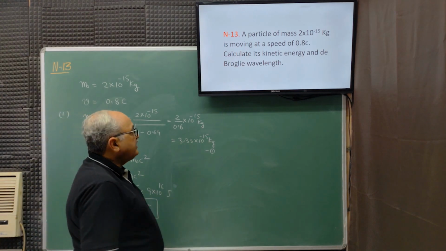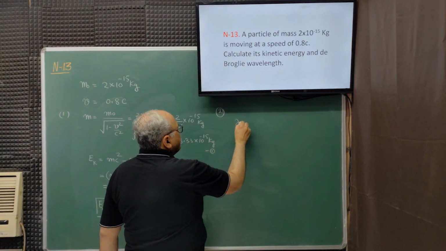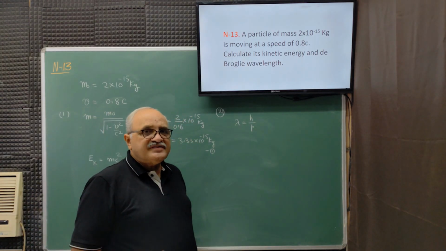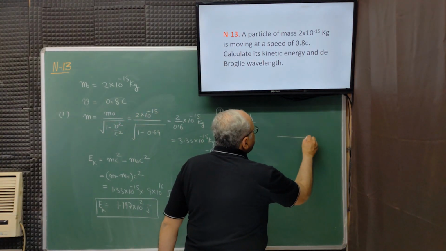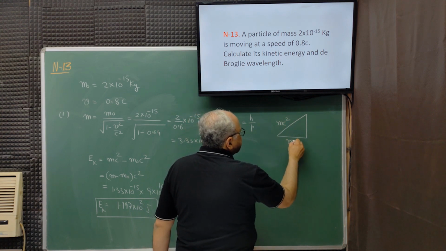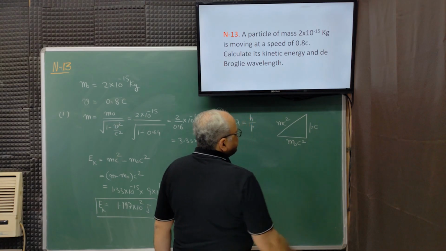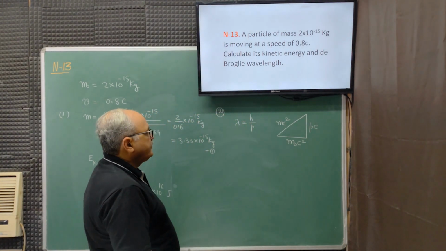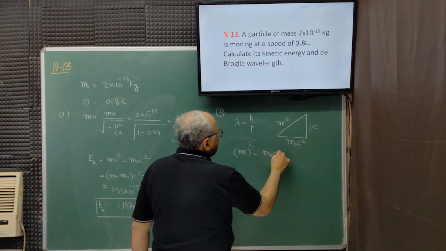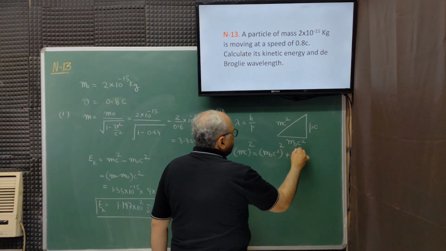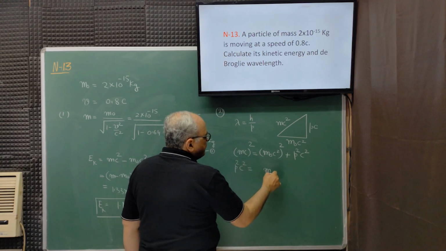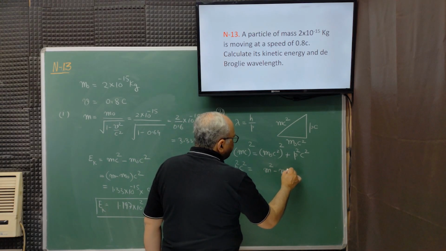Now to find the de Broglie wavelength, the second part, we first have to find the momentum. The momentum calculation in such questions can be done with the help of the Pythagorean relation. This side is mc squared, this is m0 c squared, and this is pc. Remember this triangle, it is a very important triangle. So from here I can write (mc squared) whole squared equals (m0 c squared) whole squared plus p squared c squared. So p squared c squared is obviously equal to m squared minus m0 squared times c to the power 4.